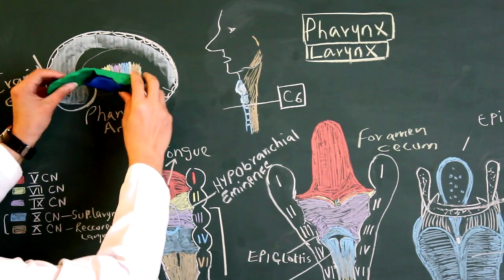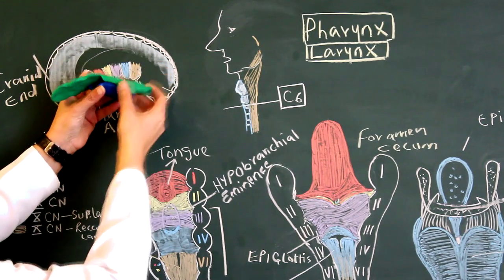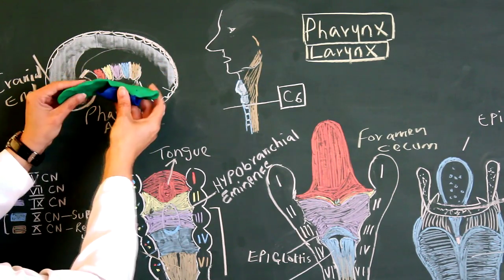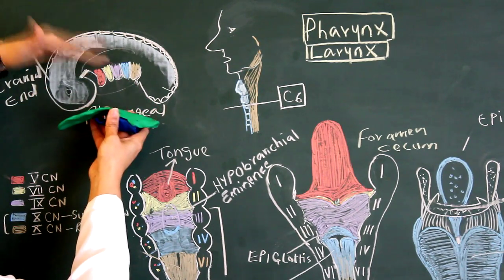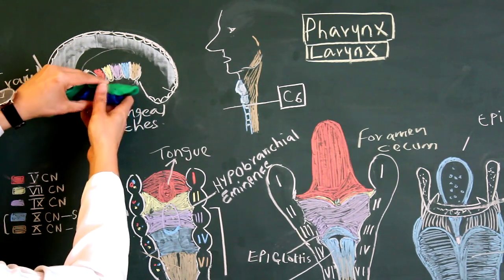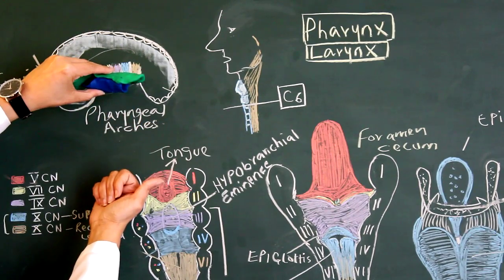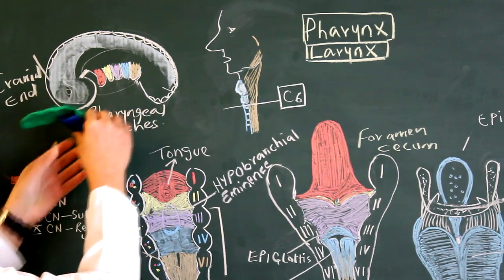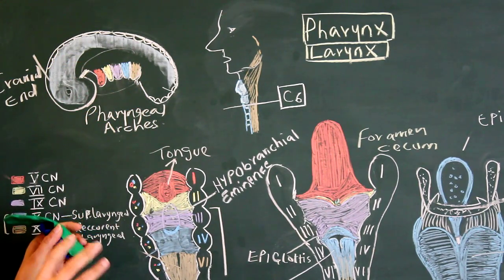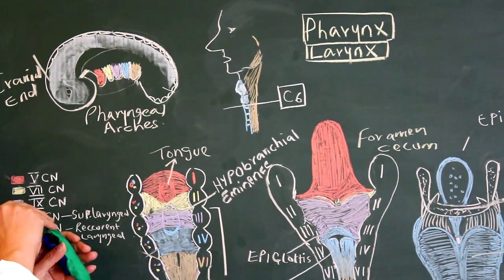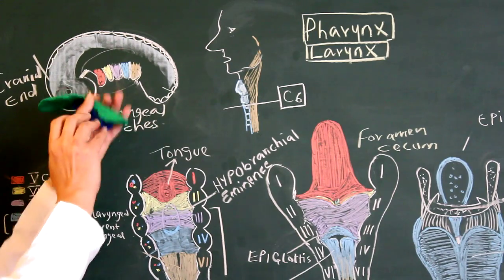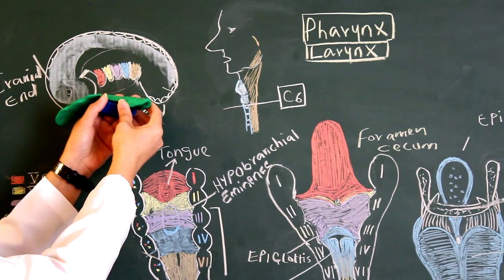So here is the pharynx, the posterior wall of the pharynx, and this is the anterior wall. In embryonic terms, we can call it the dorsal wall, which is facing the ceiling, and the ventral wall, which is facing the floor. Our respiratory diverticulum, or the structures of the respiratory tract, will be originating from the ventral wall of the pharynx.